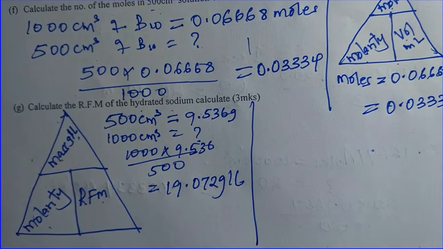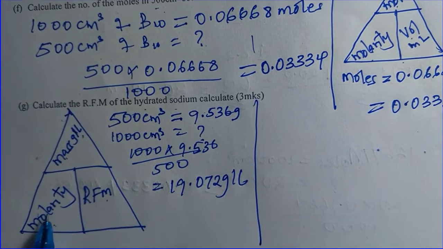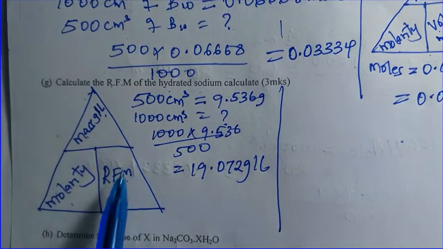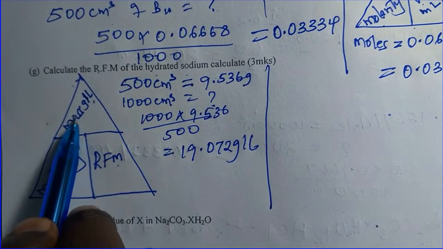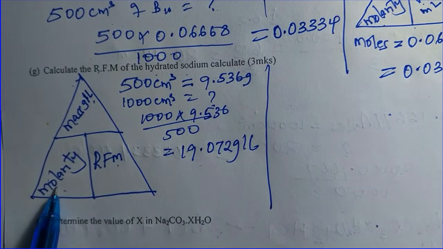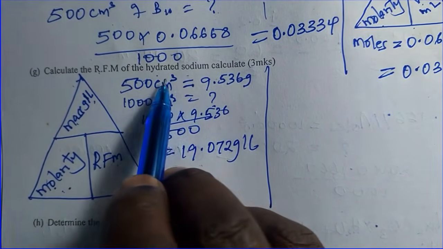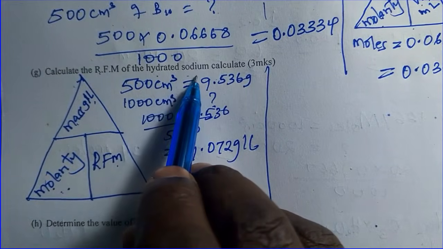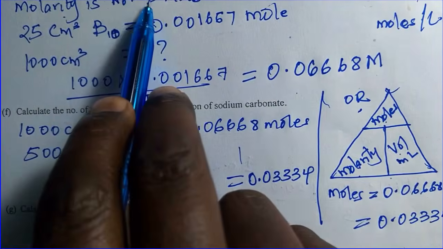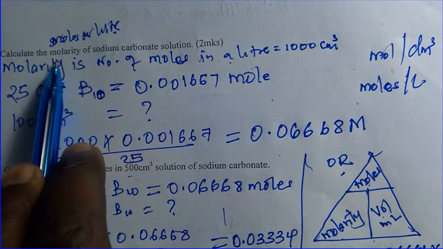Once you have that mass in grams per liter, apply now the formula. We are looking for the RFM. So RFM is equal to mass in grams per liter divided by molarity. Where is the molarity of the hydrated sodium carbonate? We calculated it here. Molarity is here.